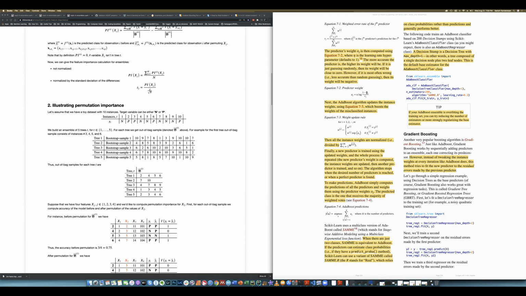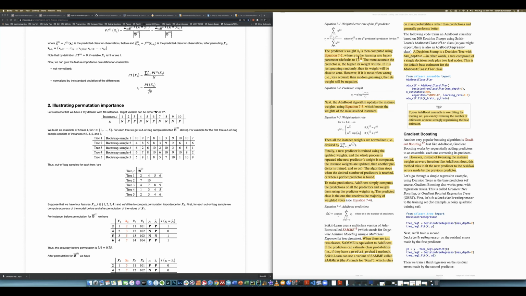Whereas if my predictor was making mistakes all the time, this would be a very small number, meaning that this predictor is weighted very small. And what's very interesting is that if it made random guesses, like it's right half the time, then this would be 0.5, right? If this was 0.5, then you'd basically be getting a weight of 0.